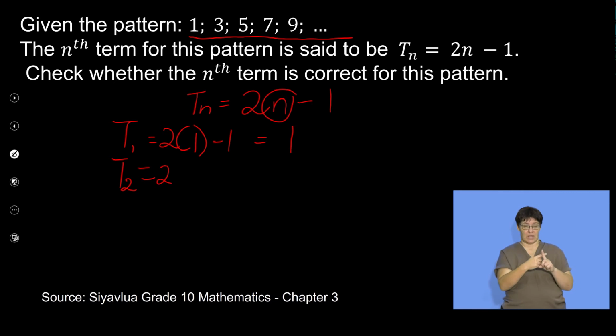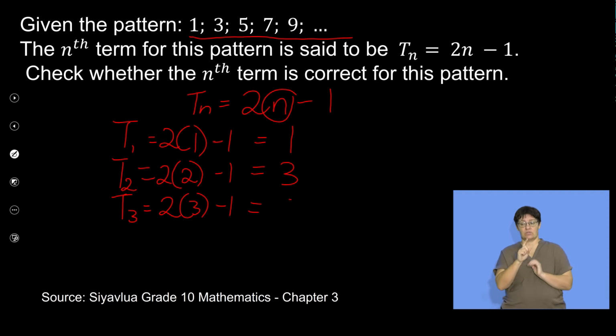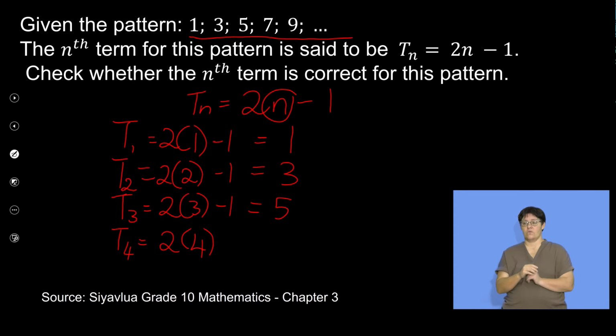So I'm going to have 2 times 2 minus 1, which will give me 3. Then if I'm checking the third term, I'm going to have 2 times 3 minus 1, which gives me 5. Okay, then if I'm looking at term 4, I'm substituting in 4 for n, so I'm going to have 2 times 4 minus 1, which gives me 7.